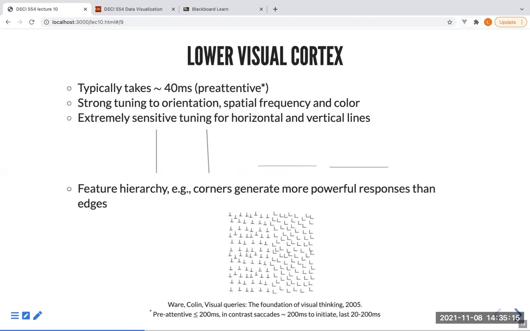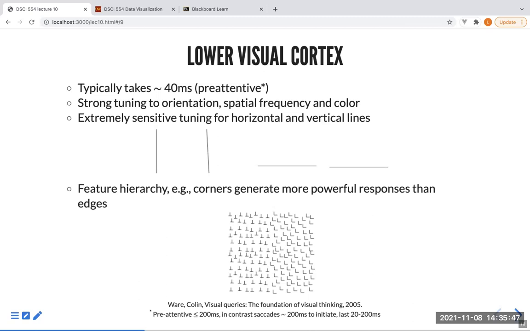So with this in mind, now we can discuss a little bit some more properties of the lower visual cortex and then the higher visual cortex from the standpoint of the design. In the lower visual cortex, typically you're looking at things very quickly because there is not much information, and so there is not much processing that you need to do, and you do it in the areas that are first hit by the signal.